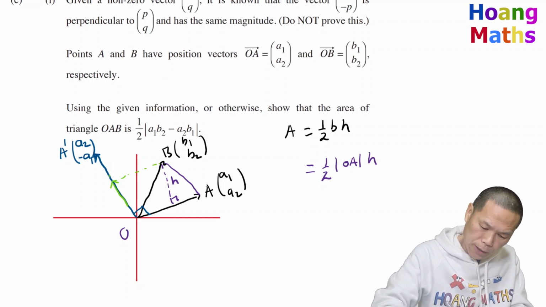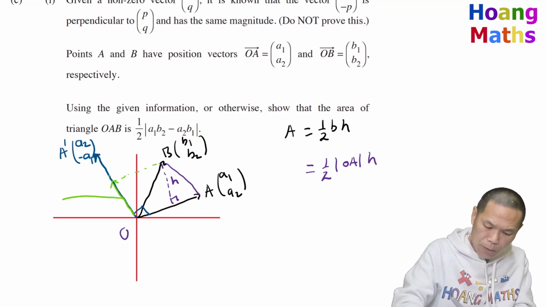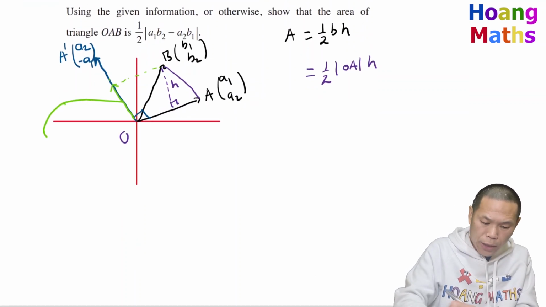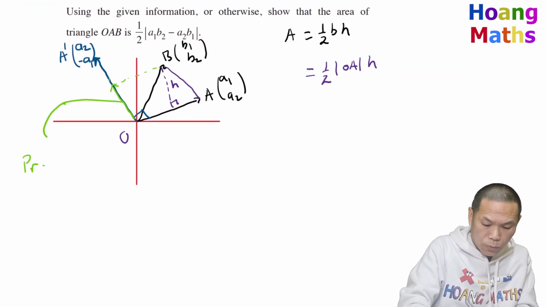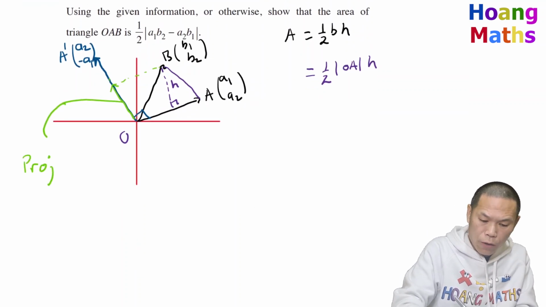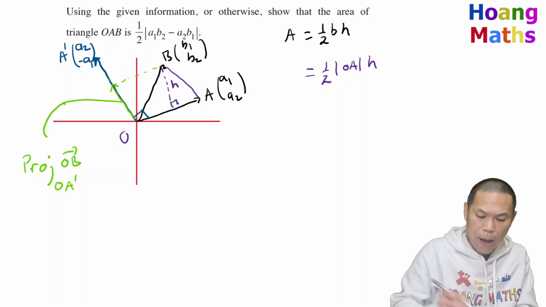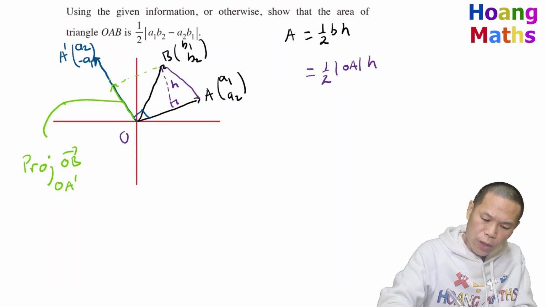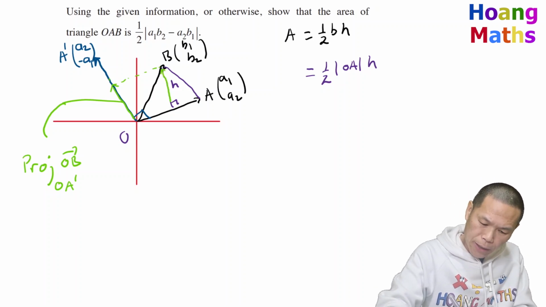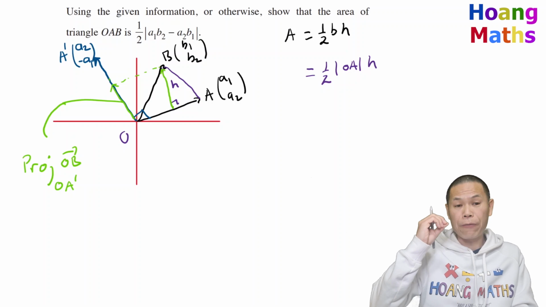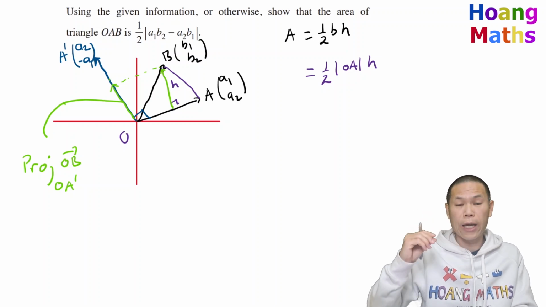So this is the vector here. Let me just write out here, that is the projection of OB onto OA prime. So this will give us the vector here, that has the same magnitude and is parallel.